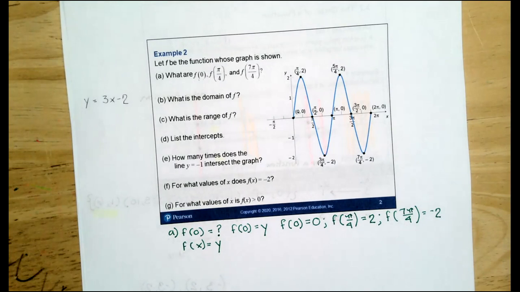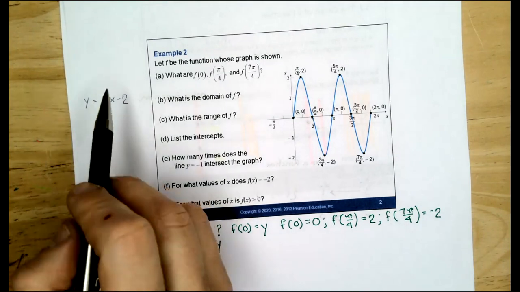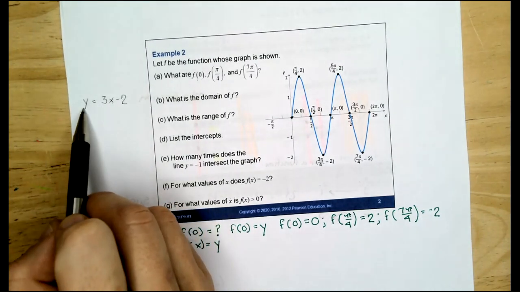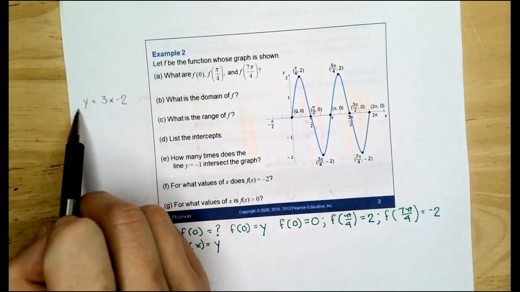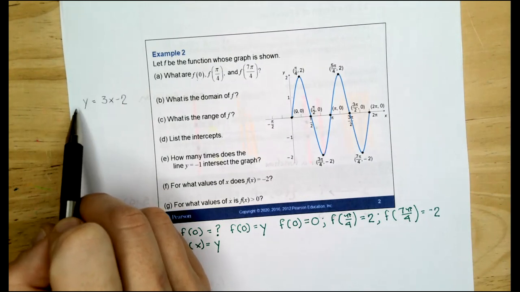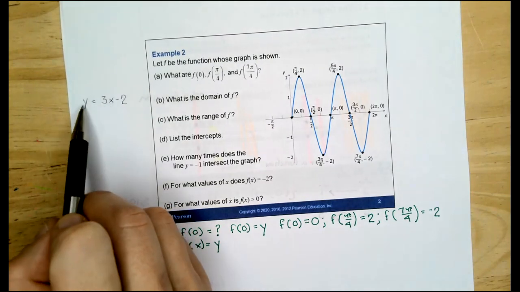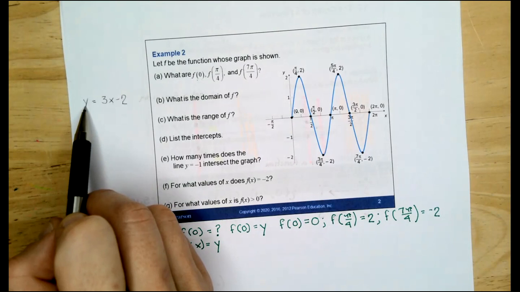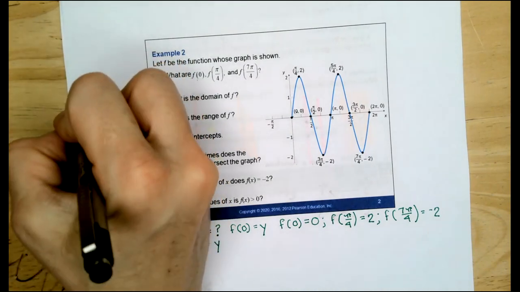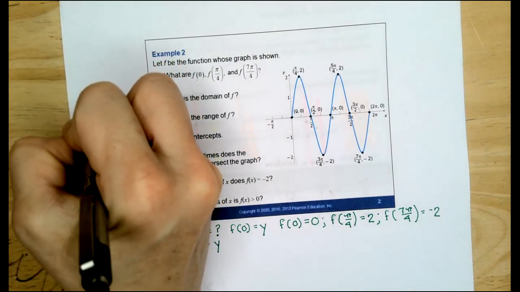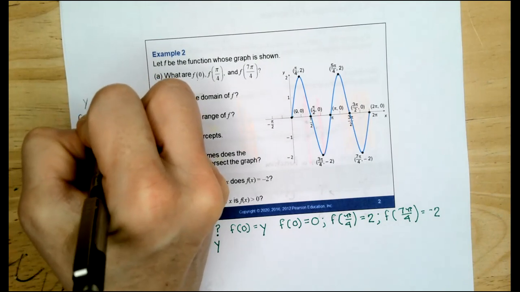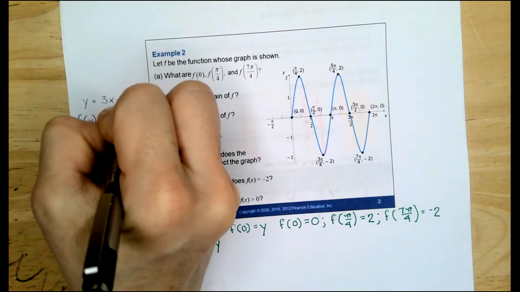Each x has only one y. If I put in 1, I will always get the same y. If I put in 2, I will always get the same y. If every x gives you only one y, it is a function. When it's a function, you can replace y with f of x, okay? F of x now equals 3x minus 2.